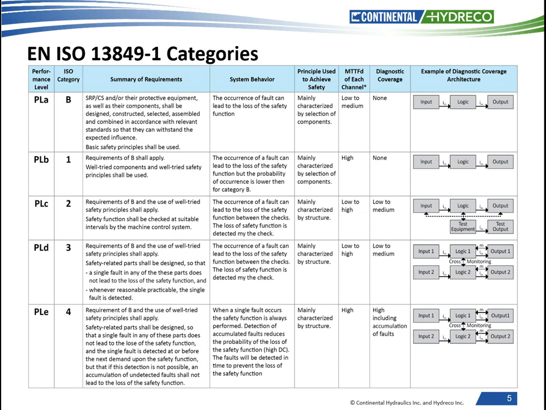This slide has a lot of information and it'll take too long to get into all the details of each category requirement. For the purpose of this introduction, I will try to highlight the main differences and the basic terminology. Category B and Category 1 are items that we do on a daily basis.